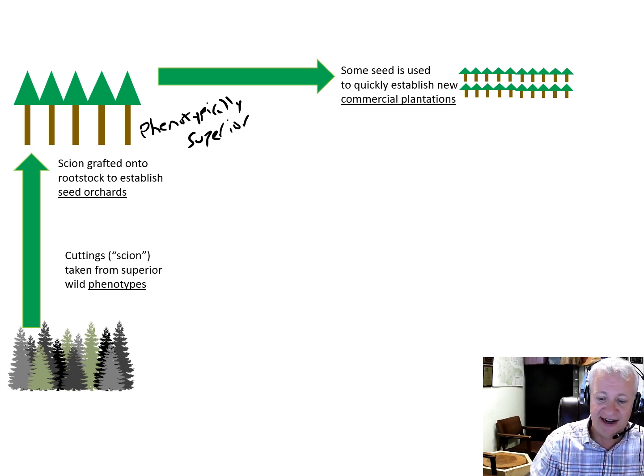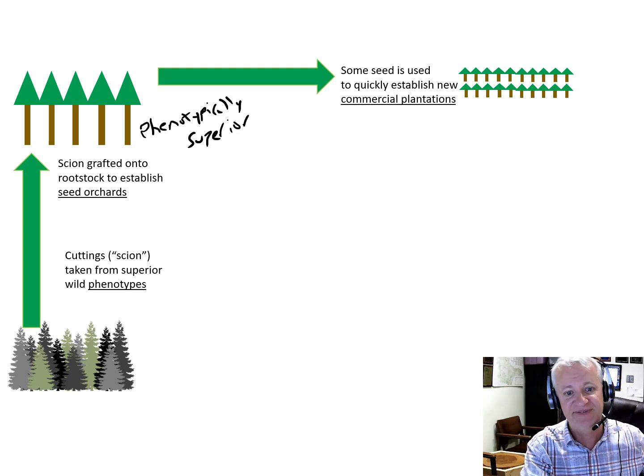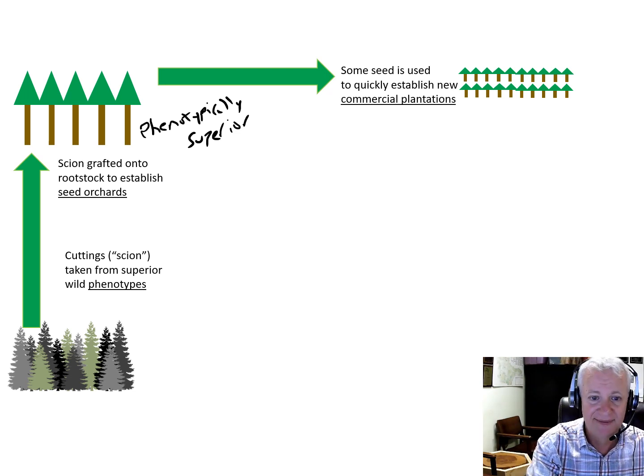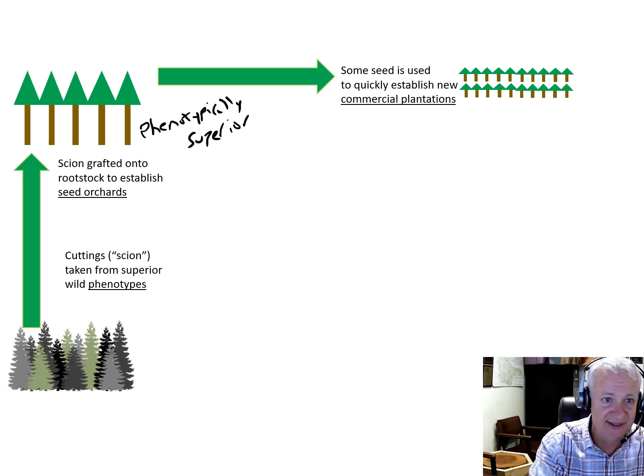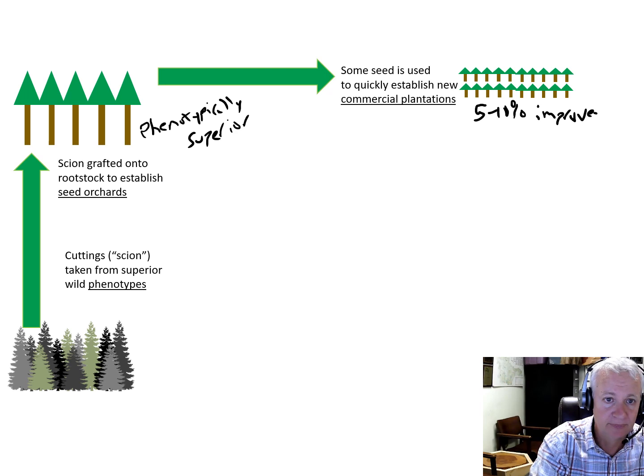Just this first step, these commercial plantations established from that phenotypically superior subset of the wild population might already have a 5 to 10% improvement over wild populations.